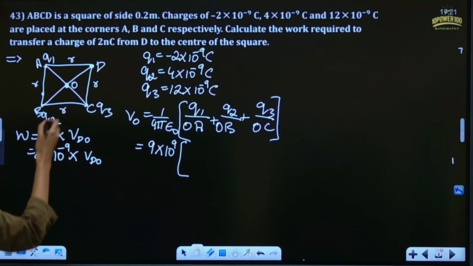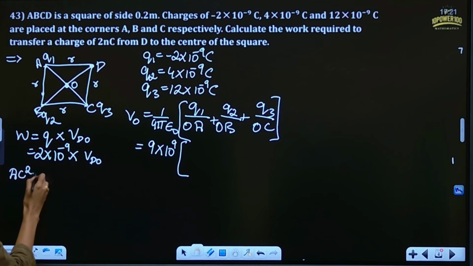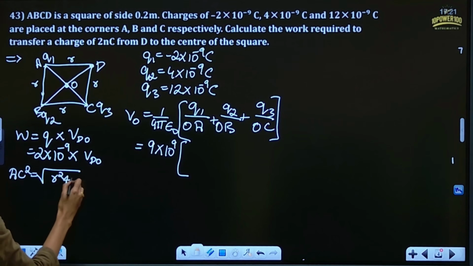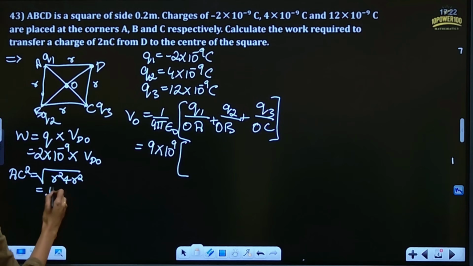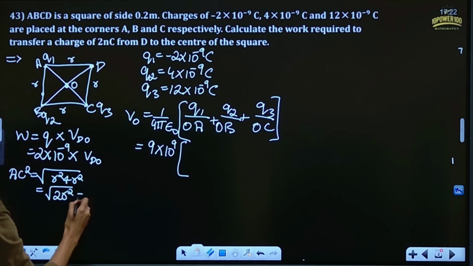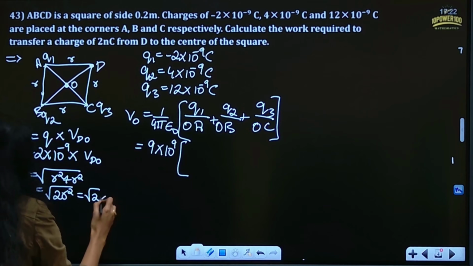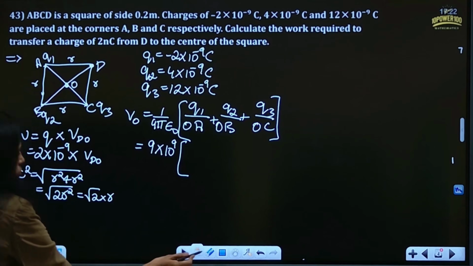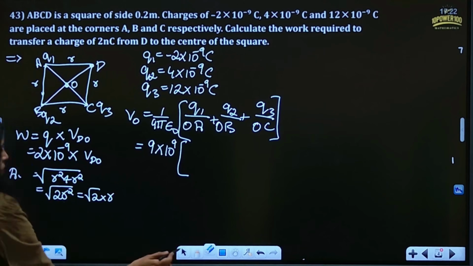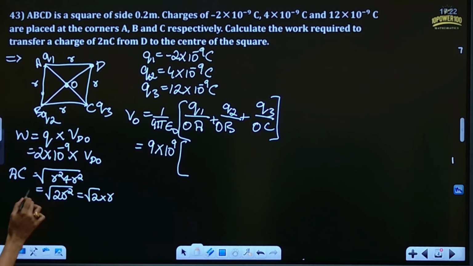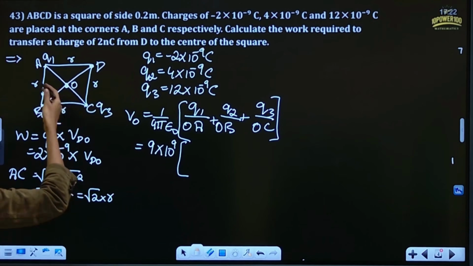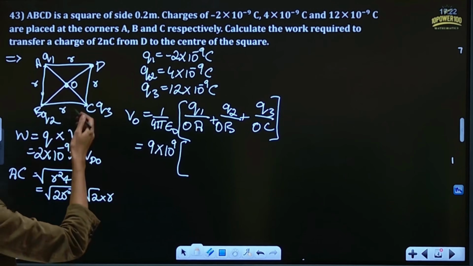From the right angle triangle, AC square equals AB square plus BC square, that's R square plus R square, so AC equals root of 2R square, which is root 2 times R. So now we have AC, but we need the value of OA.